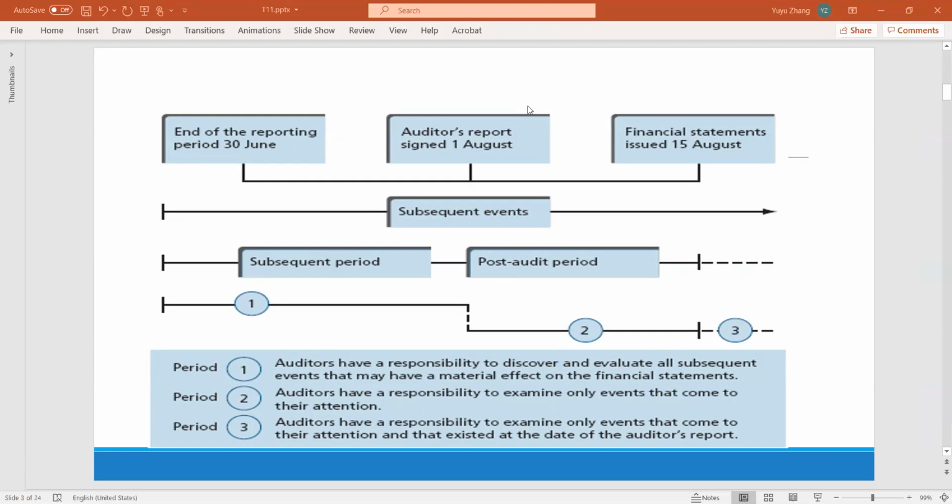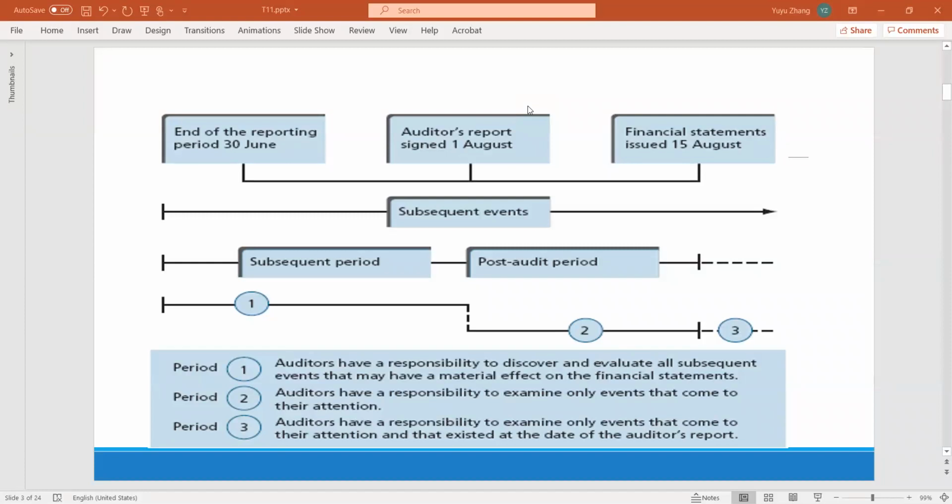Period 2 is from the date the auditor's report is signed to the date the financial statements are issued to the shareholders. Usually once the directors and auditors sign the financial statements and auditor's report, the company may still have some time to prepare all the documents and officially release those reports to the members or shareholders.